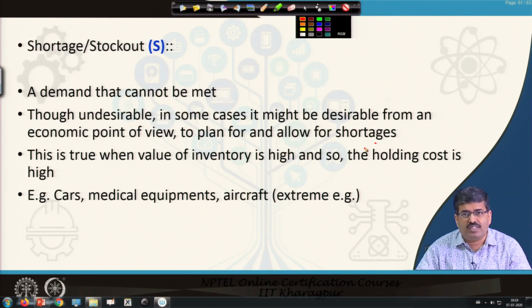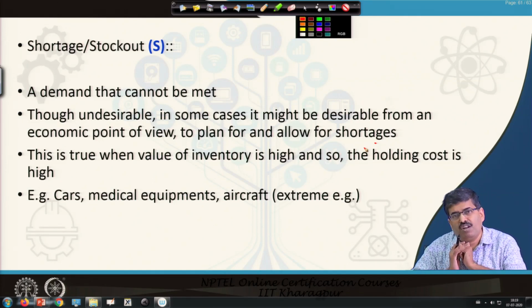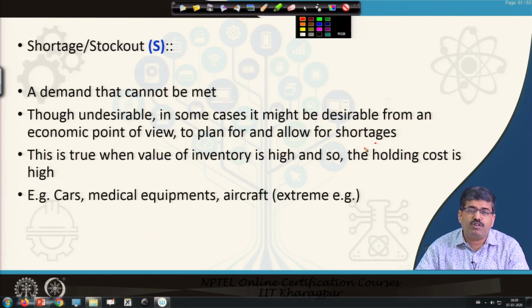For example, cars. If a company in their showroom has sent red color, blue color, green color cars, fine, but there is no demand for these colors, or a company has sent a particular model, a lot of cars, but it is not selling. So, it is always better to have some shortage in inventory.